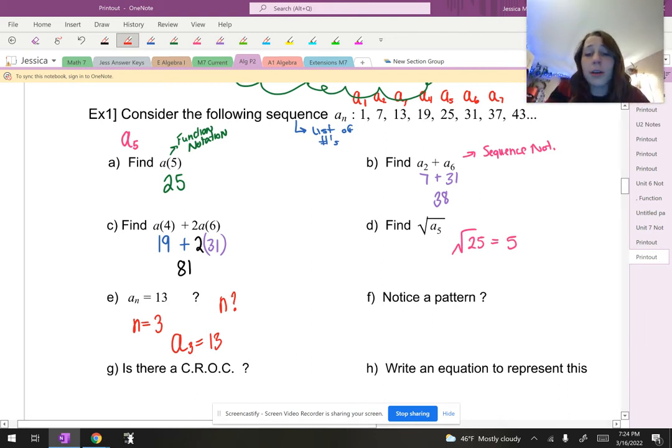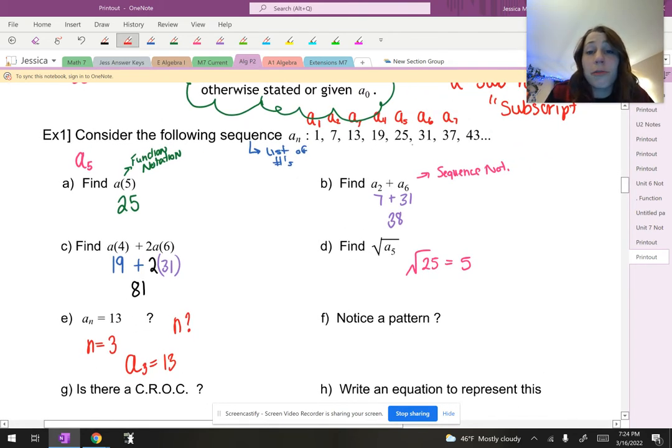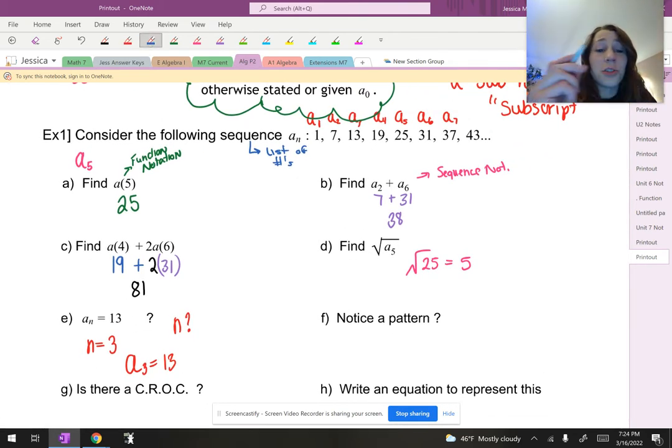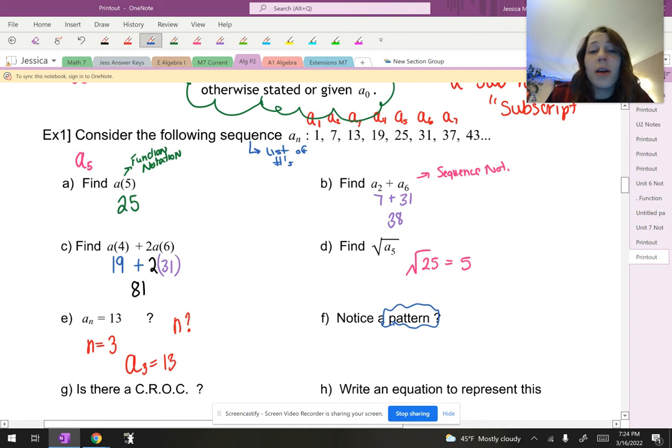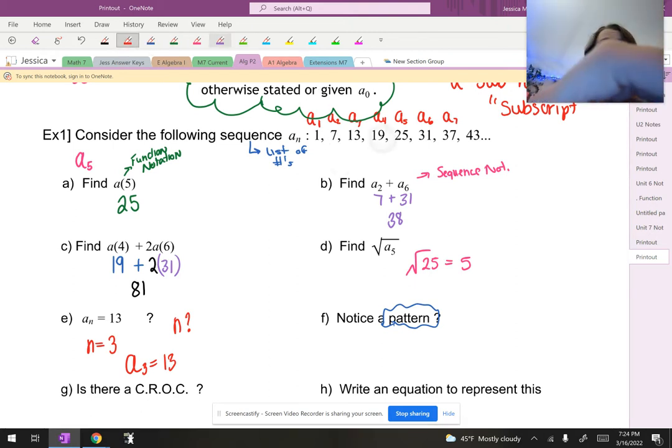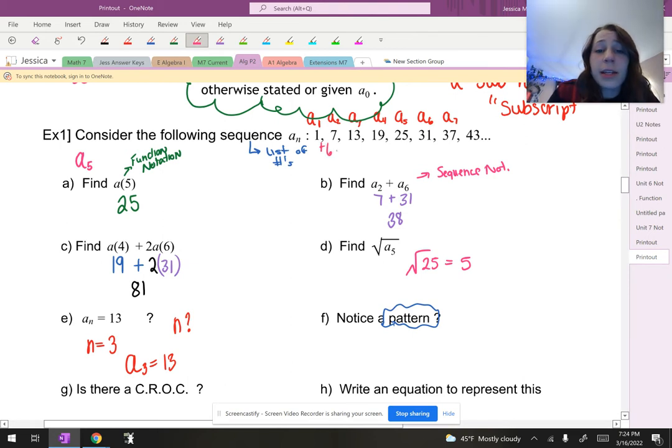Okay, next up we are noticing a pattern. Do we see anything that is common between going from one term to the next? This unit is going to be all about noticing patterns. All right, well, going from 1 to 7, the only way I can get there is by adding 6 or multiplying by 7. But multiplying by 7 isn't going to work because 7 times 7 isn't going to give me 13.